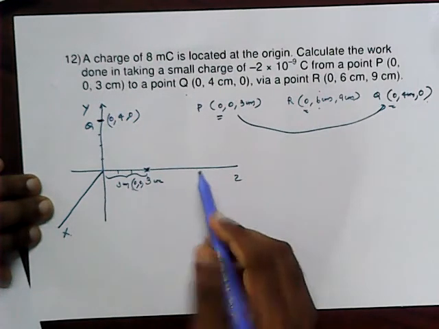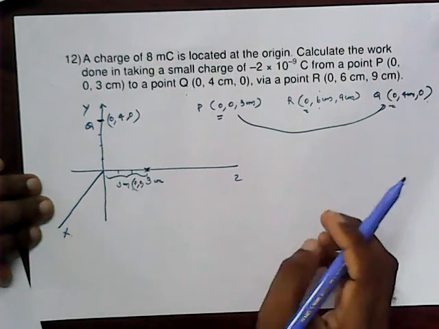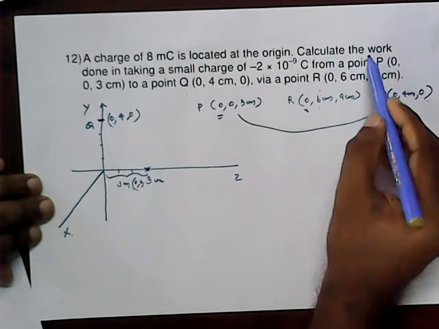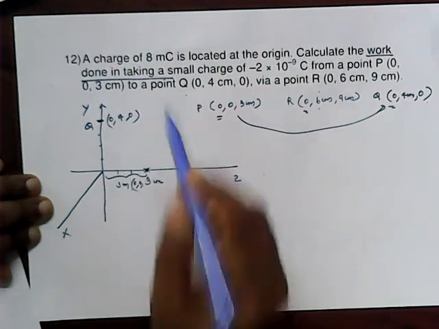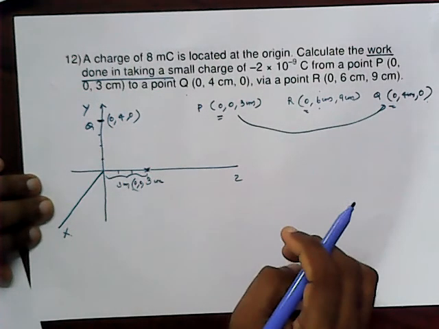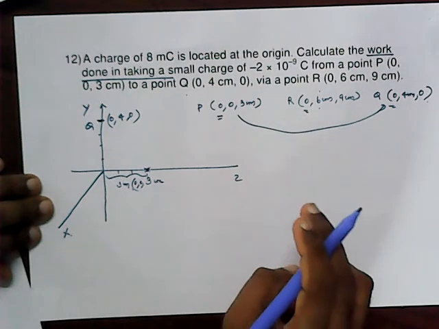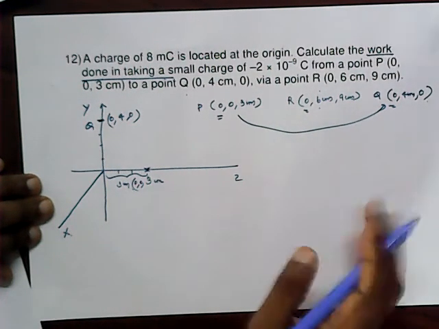But it moved via another point. Keep in mind, we have to find the work done. Work done is equal to the charge into the potential difference. But keep in mind the very important concept: it is independent of the path through which it moves.